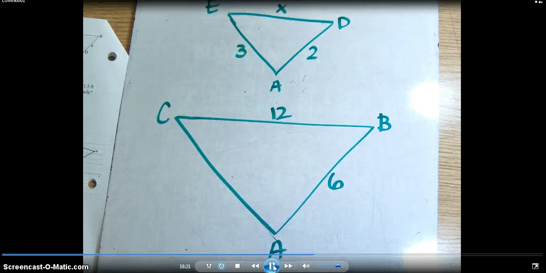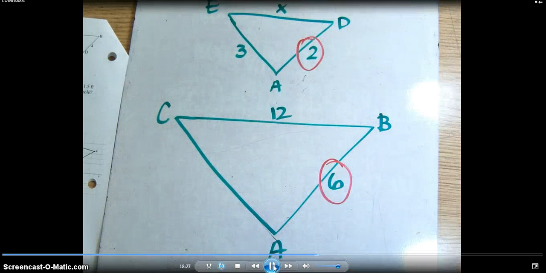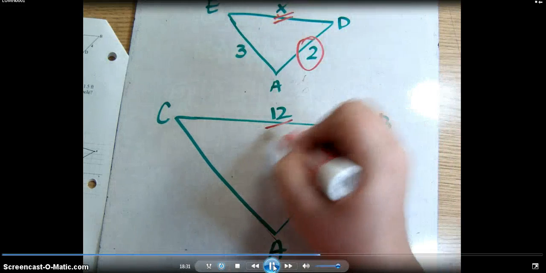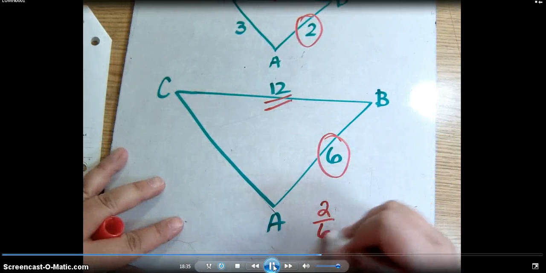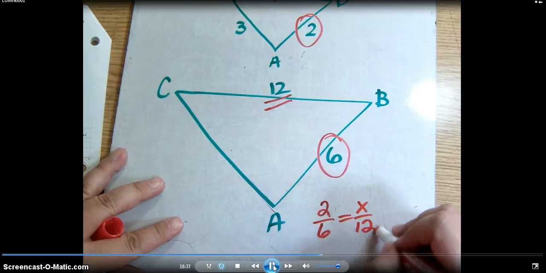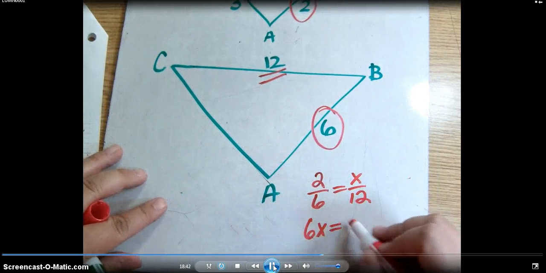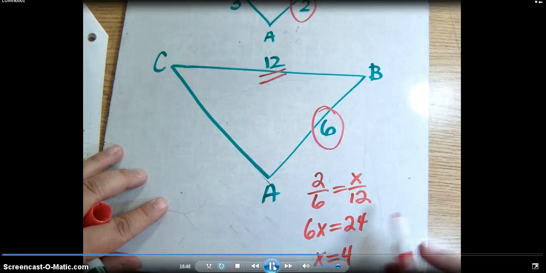I can compare 6 and 2. 2 to 6 is the same as x to 12. So 2 over 6 equals x over 12. Cross multiply, we get 6x equals 24. Divide both sides by 6, and you get x is 4. And that's my answer.